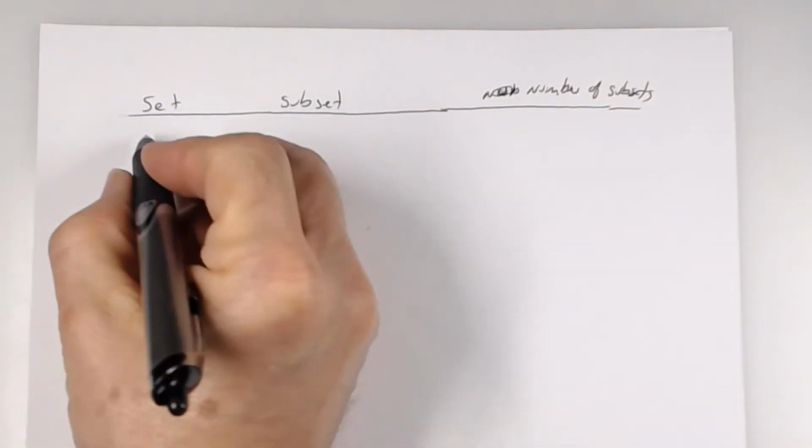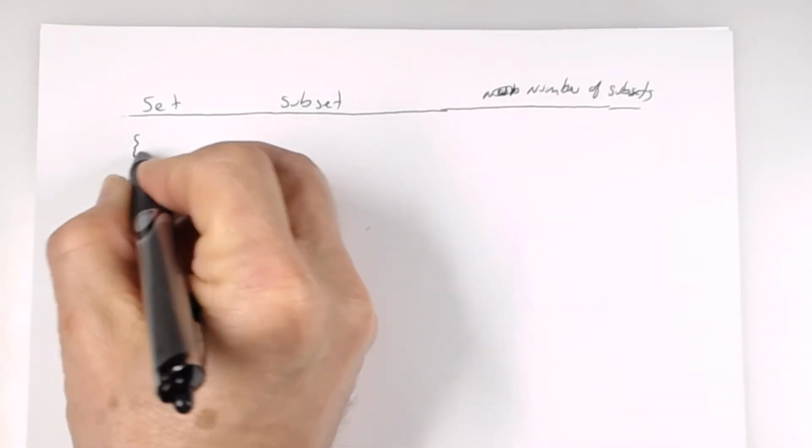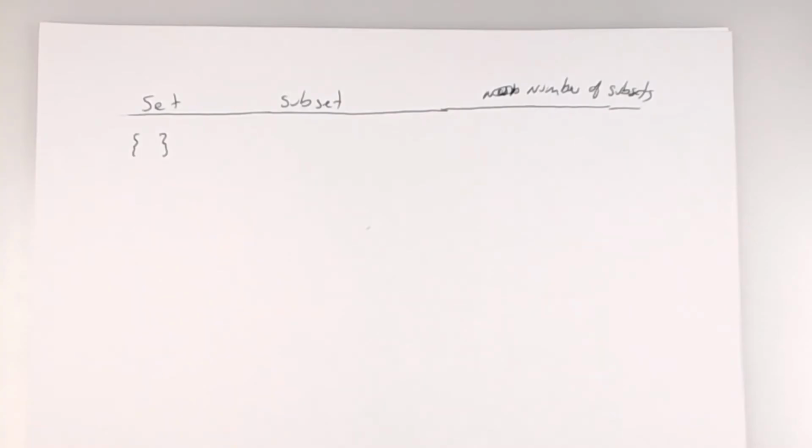All right. So the first one we're going to talk about is this one. We have this set. What I just drew was which set? The empty set. Based on our discussion, can you tell me the subsets of the empty set? The empty set. The empty set is a subset of itself. It's just not a what? Proper subset.